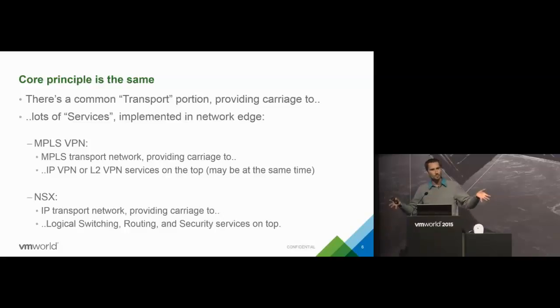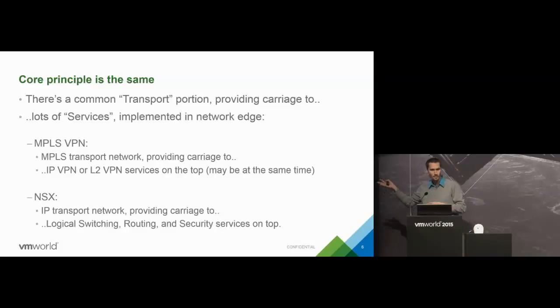There's a transport portion, which is a connectivity resource pool, and at the edges of that resource pool you have endpoints which implement the actual services, which draw from that pool the actual connectivity and bandwidth and whatnot.